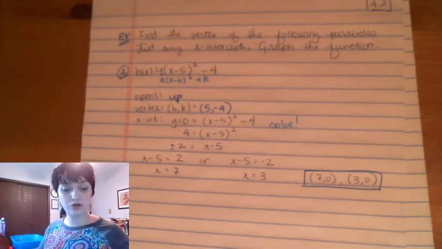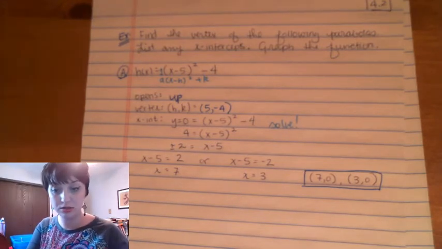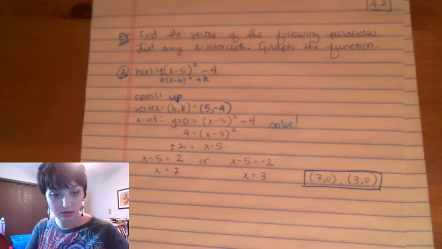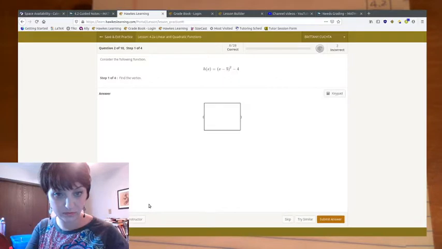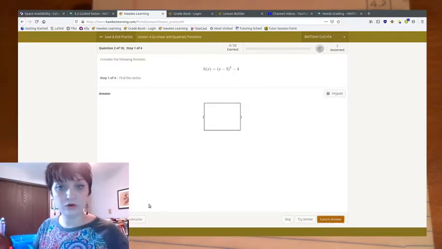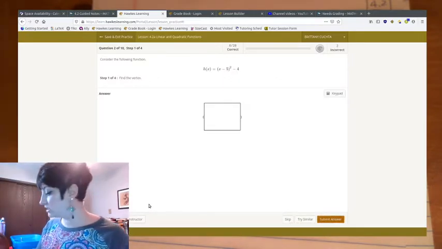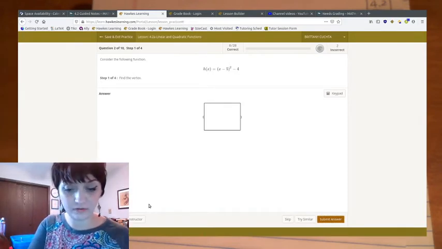Oh, wait, I want to show you doing it on Hawks. That's right. So let's move. Let's get this visible. There we go. Okay. So find the vertex. We did that. It was (5, negative 4).